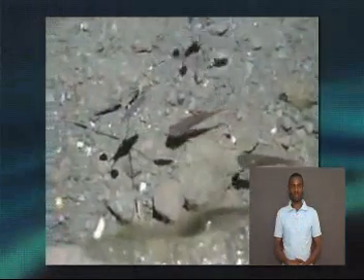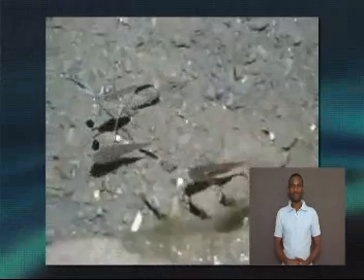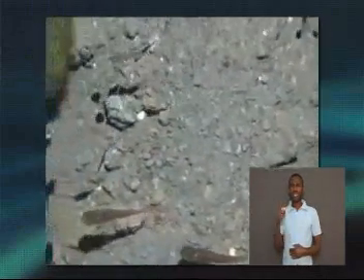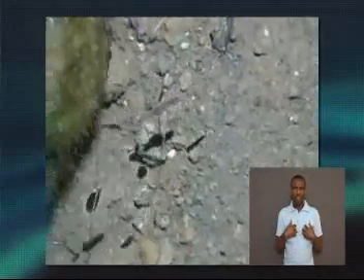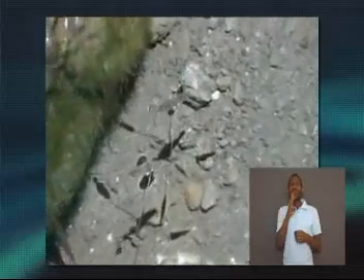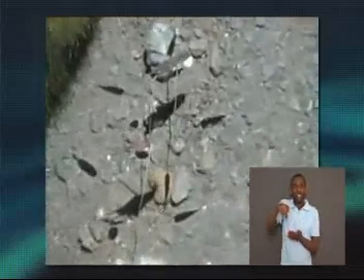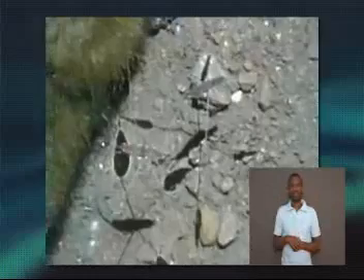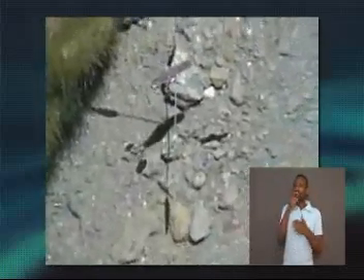Have you ever noticed that some insects seem able to walk on the surface of water? This is a result of something called surface tension.